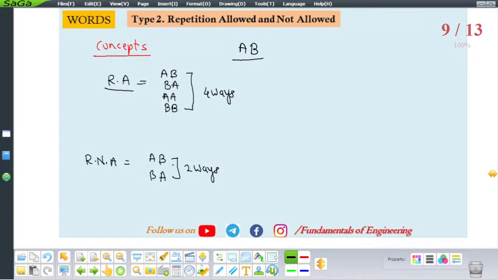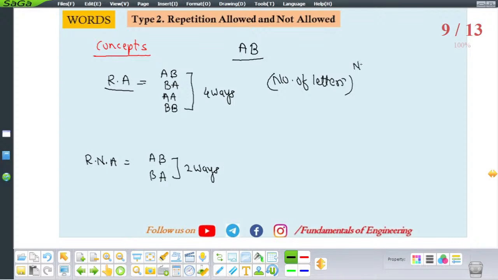Now here also we can use that concept. How many letters are we having? Based on that we can solve. We have to take the power with the number of letters.